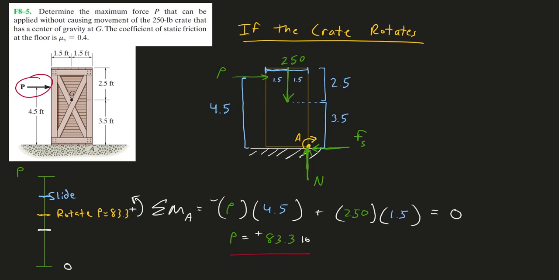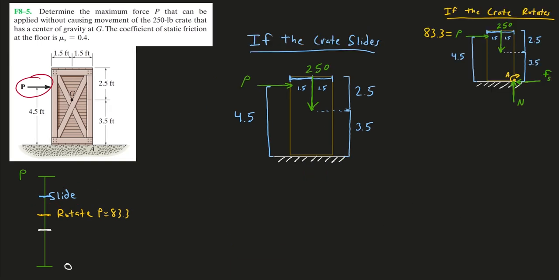Now we could figure out our friction force and our normal force, but I'm actually going to switch gears and write up the math for the crate sliding. Now remember, the free body diagram that depicts the crate just about to slide is a bit different.